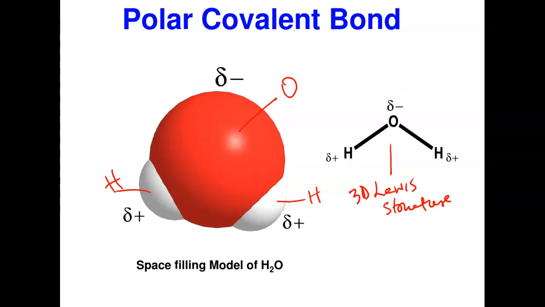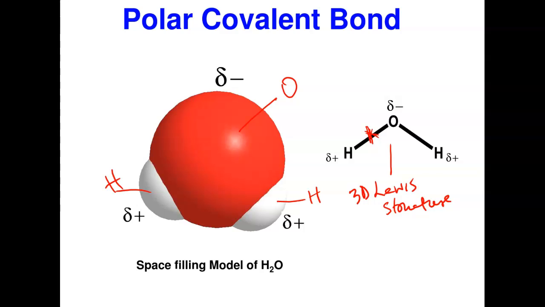Now, what is happening here? The consequence of a polar covalent bond, where atoms do not get the same share of electrons, results in bond polarization, whereby one atom assumes a partial positive charge and the other atom assumes a partial negative charge.